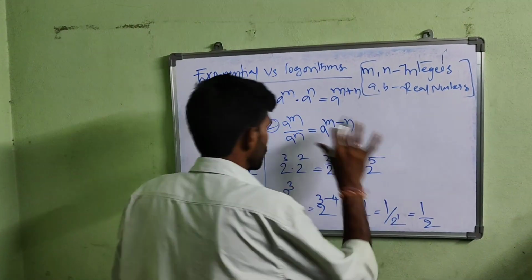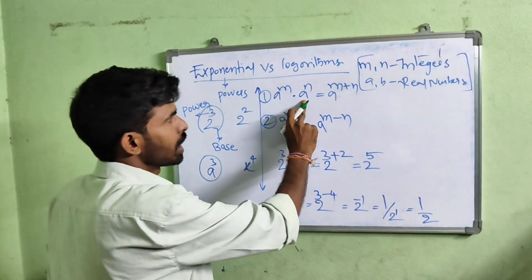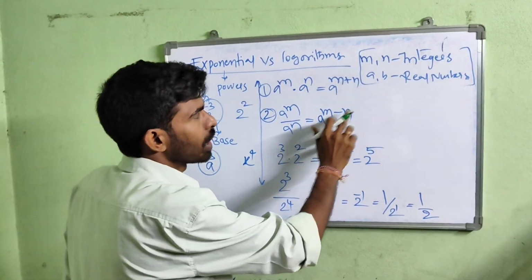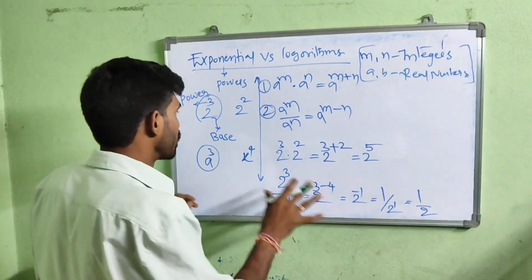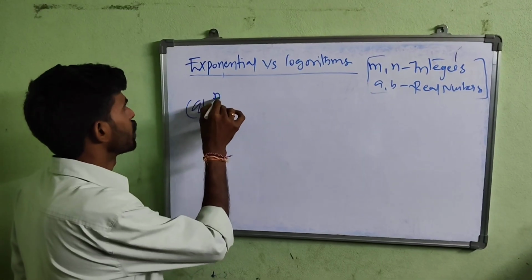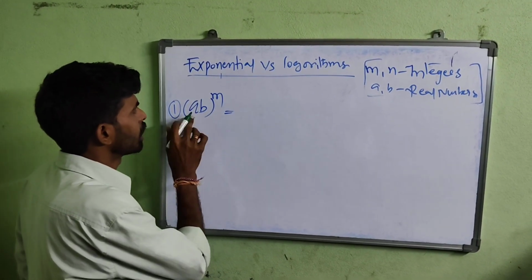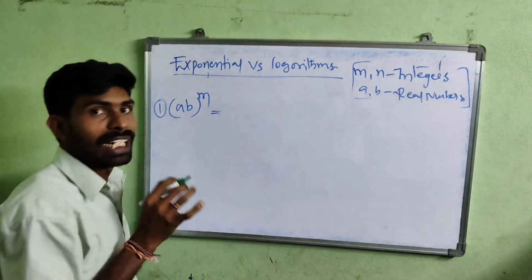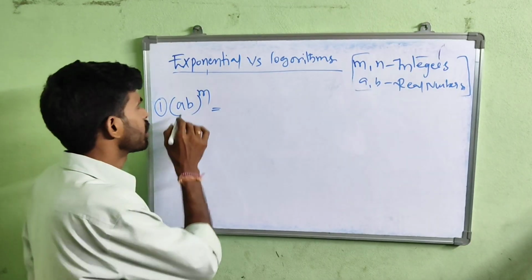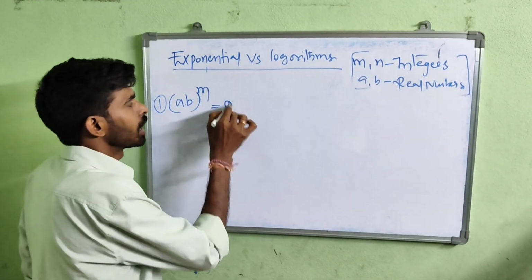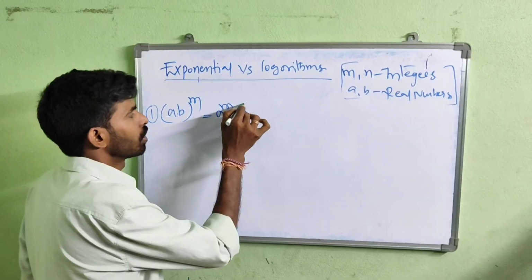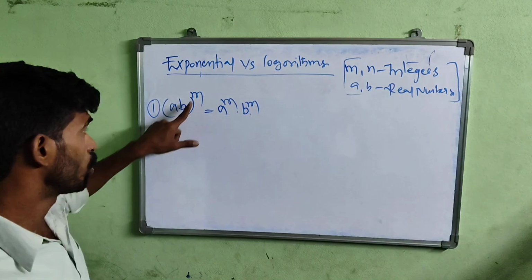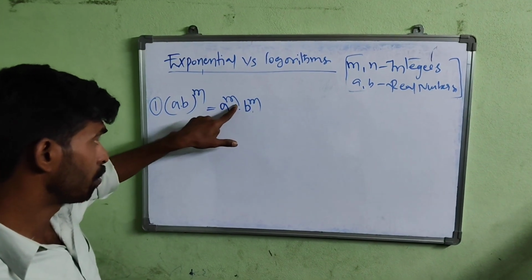Okay. A power m into a power n equals a power m plus n. A power m by a power n equals a power m minus n. Clear? Next, another thing is ab whole power m. How can we write it? ab is nothing but a into b, whole power m, which means a power m into b power m.